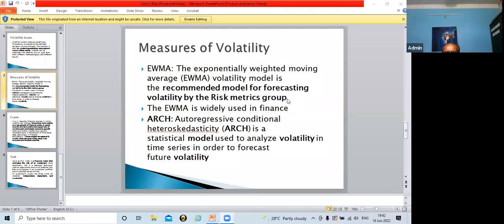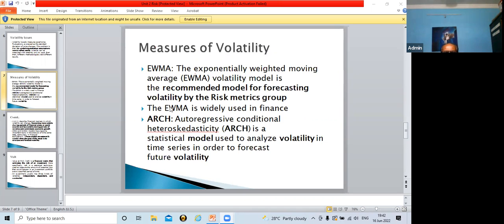Now the EWMA, that is exponentially weighted moving average, is widely used in finance. So right now you all are in the finance specialization. So please remember, in finance specialization, this particular method or model is used for measuring volatility.